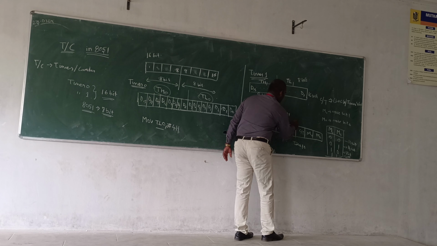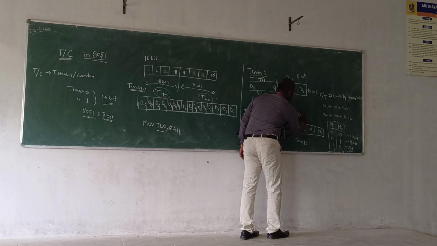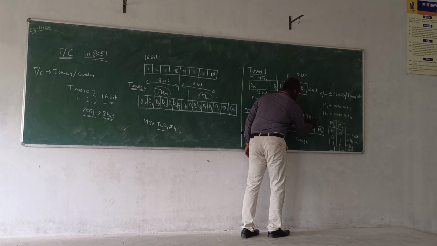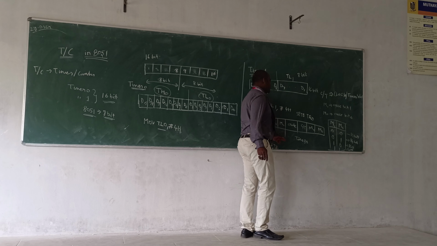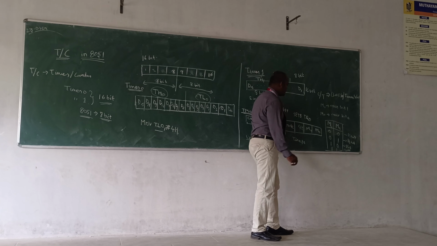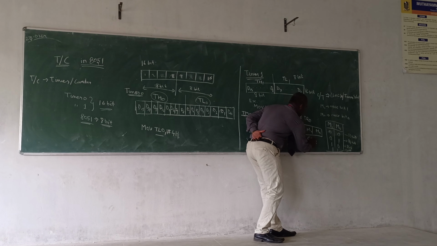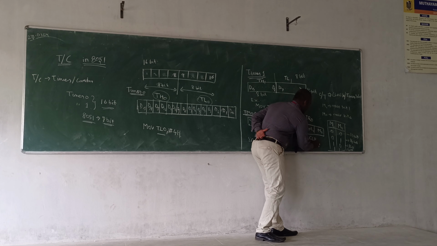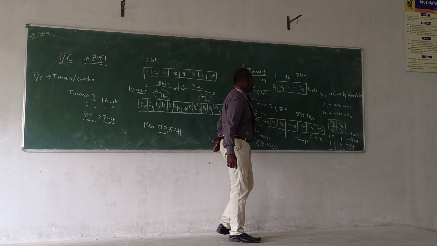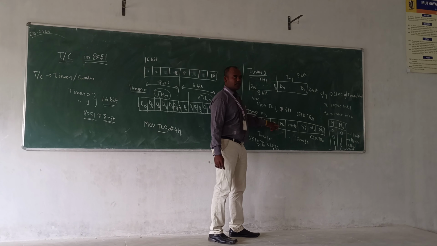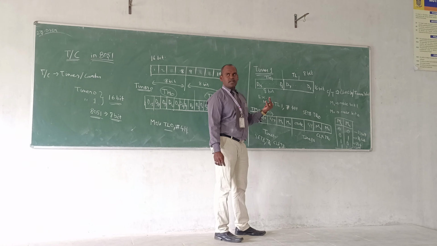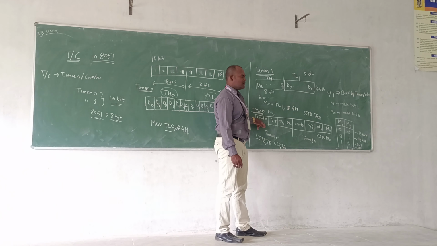Similarly, for timer 0, you can give the instruction SETB TR0, and timer 0 gets started. If you want to stop timer 0, you can give CLR TR0, and it gets stopped. So the gate can be used for either starting or stopping the timer.